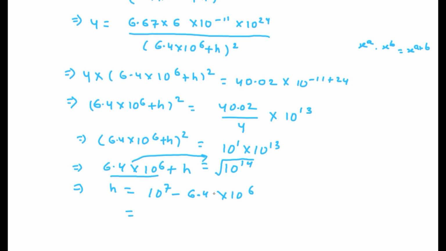So solve it, 10 to the power 7 is 10000000, minus 6400000, so we get the required value of h.